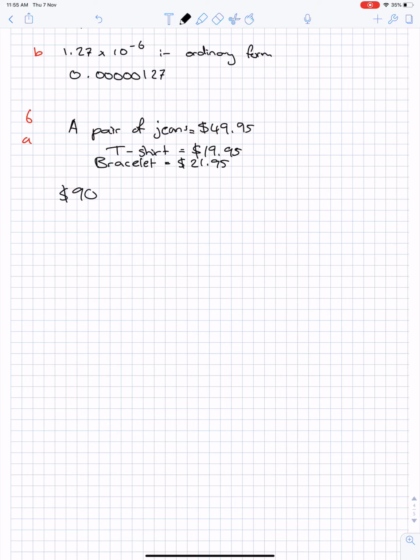In your calculators, 49.95 plus 19.95 plus 21.95 equals $91.85. So that's the total. So you just subtract 90 from 91.85, and that will give you 1.85. So that's how much more money she needs.